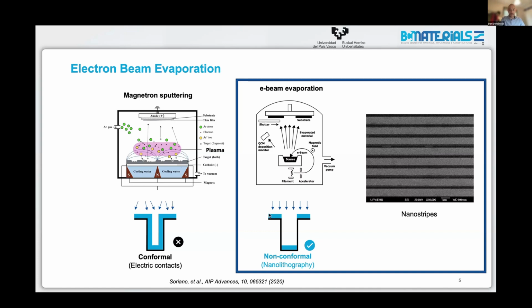So we are interested in having nano patterns coming from nanolithography, so we are interested that the edges of the nanostructures will be well defined. So that's the reason to use electron-beam evaporation.